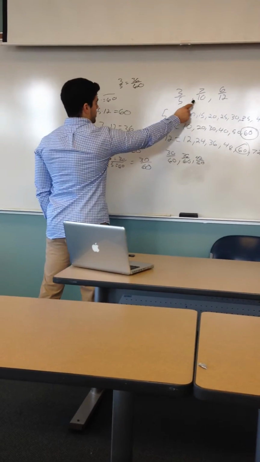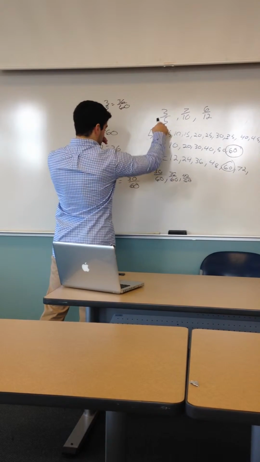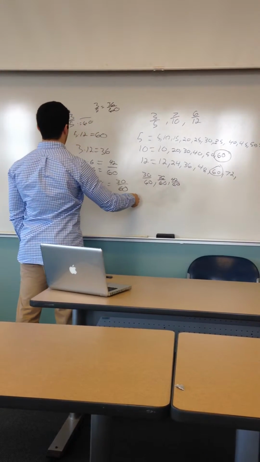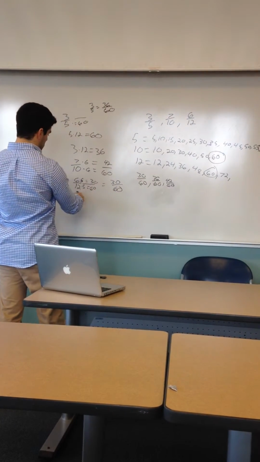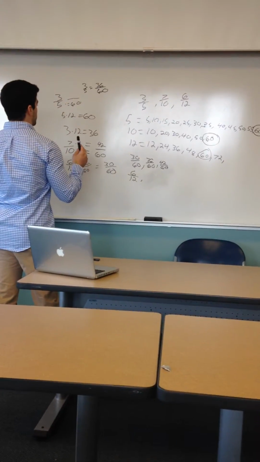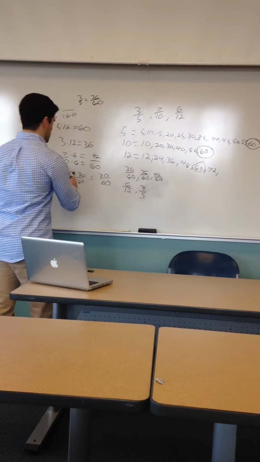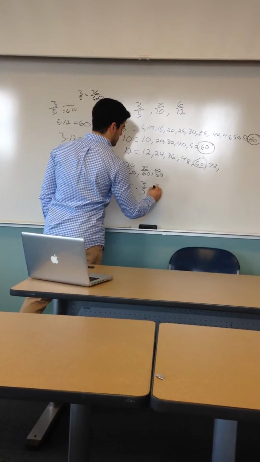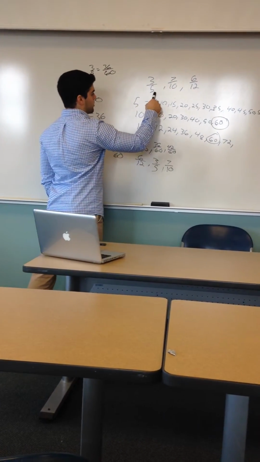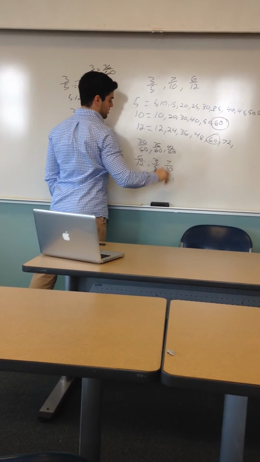And then we can use these to put the original fractions in order. 6/12 is first, then it's 3/5, and then 7/10. So that's how we find it if we can't multiply the other two denominators to the greatest denominator.